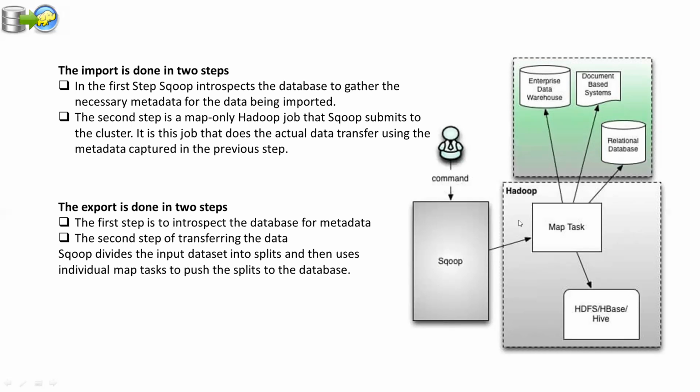The Sqoop job goes to the map tasks; it is going to be only mapper tasks. The mapper task first checks the metadata for the relational database management system. After getting the necessary metadata, it is going to launch the mapper task, and finally the data is going to get imported or exported from the RDBMS to HDFS or from HDFS to the RDBMS.